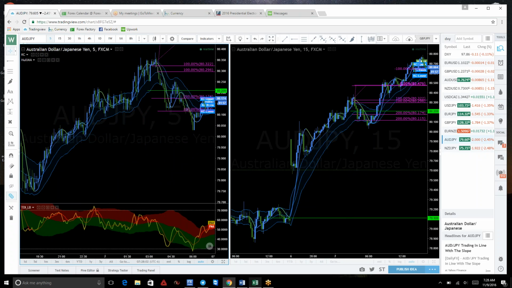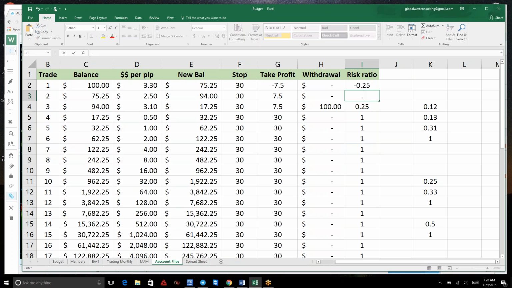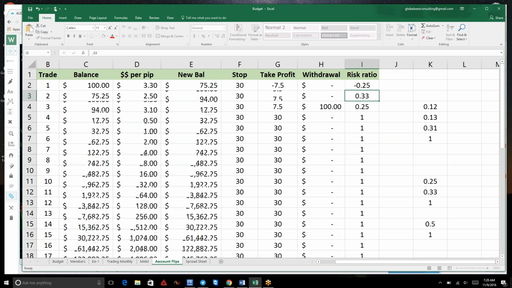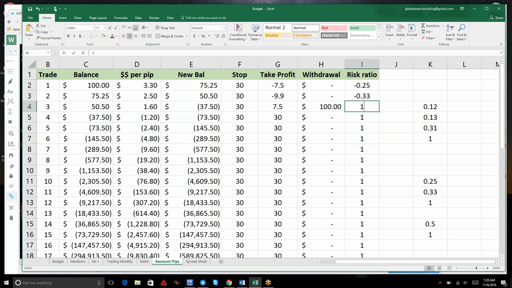And that's why in my example you can lose 2 in a row going for 25%. Because if it loses 25%, it'll automatically try to get it back at 33%. If it loses that one, it gets it all back on that third trade.